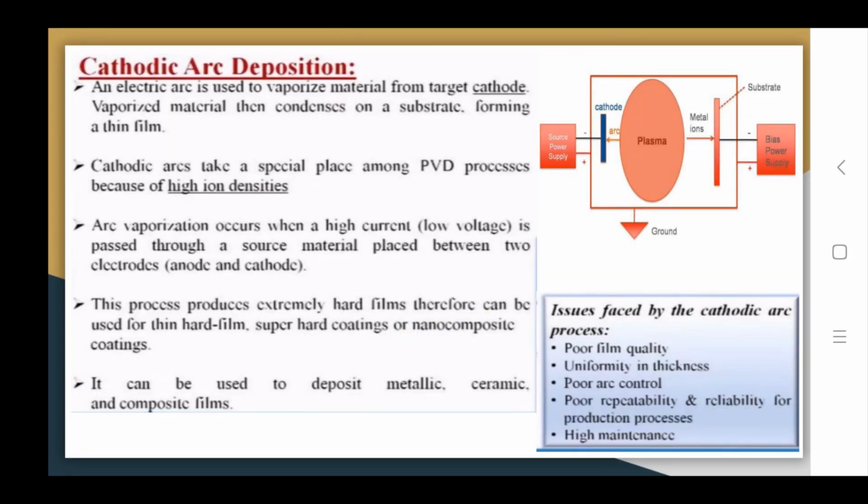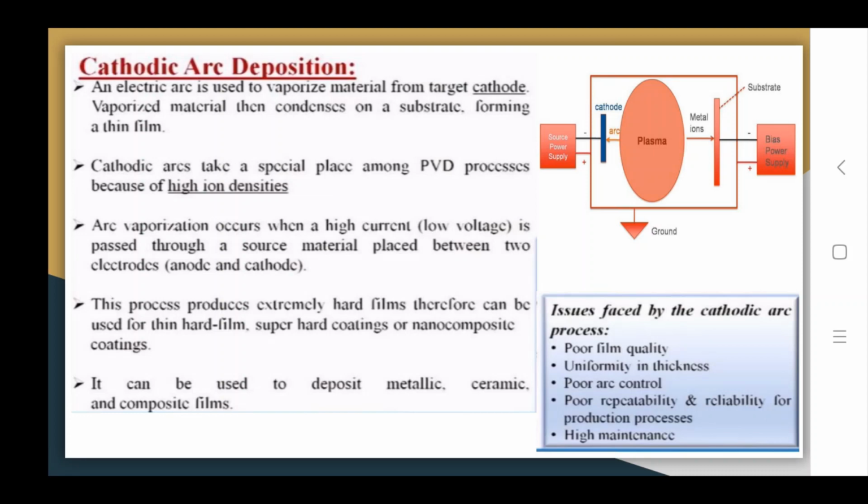Let us discuss the next technique, that is the cathodic arc deposition method. First we have to know what cathodic arc deposition is. An electric arc is used to vaporize the metal from the target cathode. The vaporized metal then condenses on a substrate, forming a thin film.